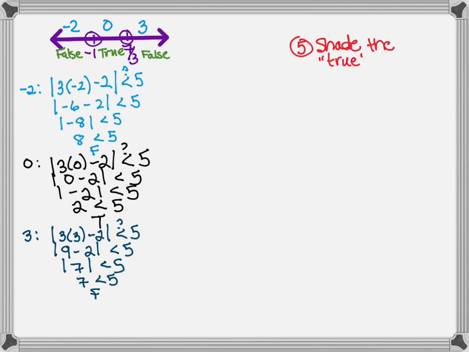Okay, next we'll shade the true intervals. Okay, so we've got an open circle on our -1. We've got an open circle on our 7/3, and our true interval is in between those two values. And then we will write the solution.